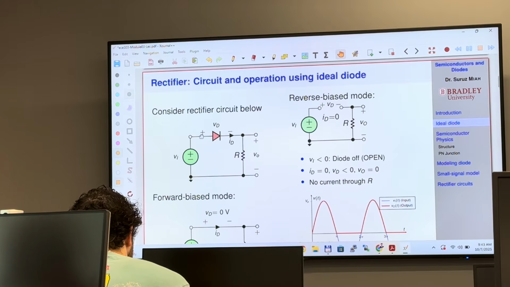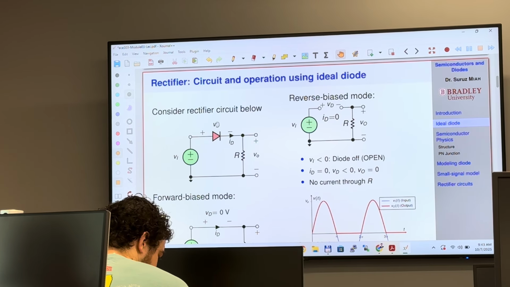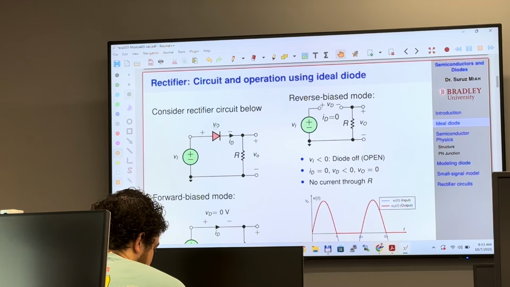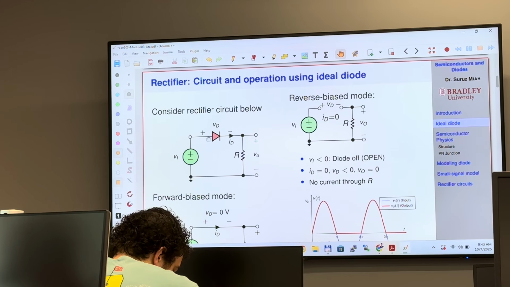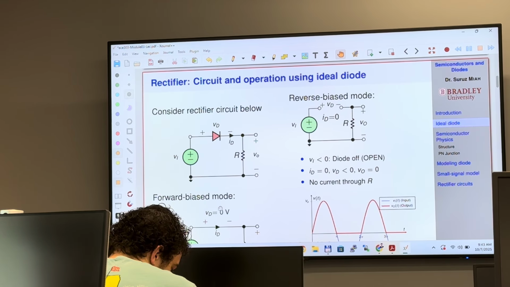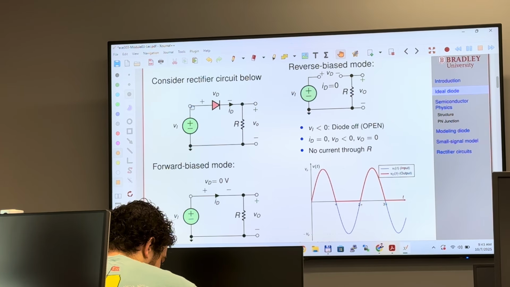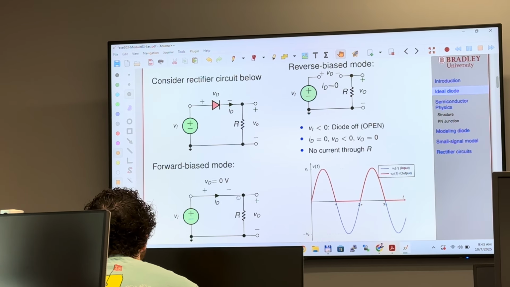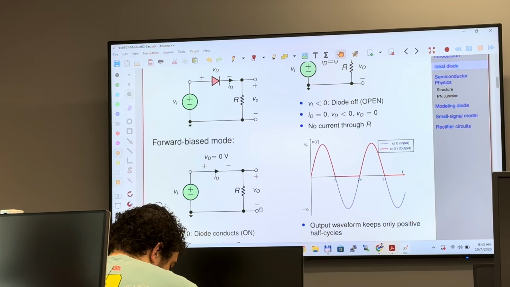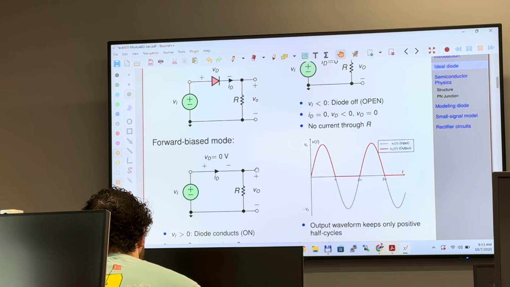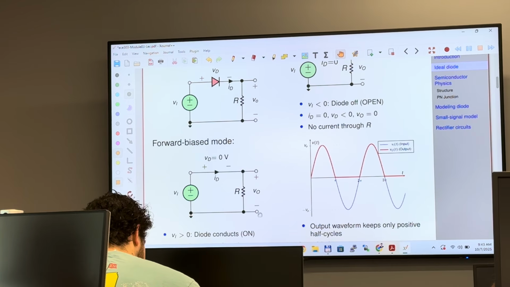Therefore, anode voltage is going to be more than the cathode voltage, and we have the voltage between these two terminals denoted with VD. So the VD is going to be 0 in forward bias because this voltage is going to be more than this voltage. And we have an oscilloscope, we take output across this resistor.